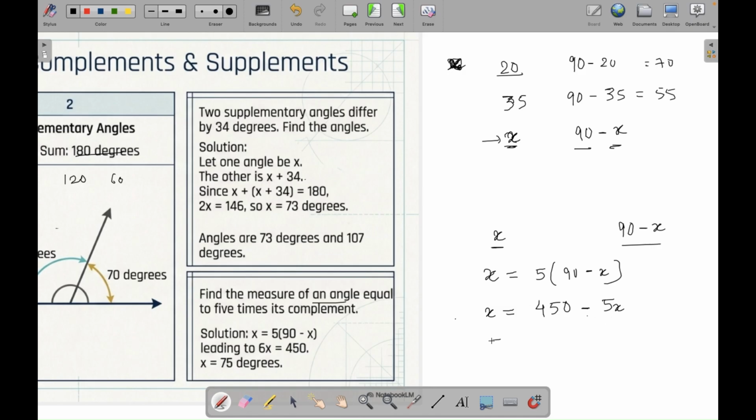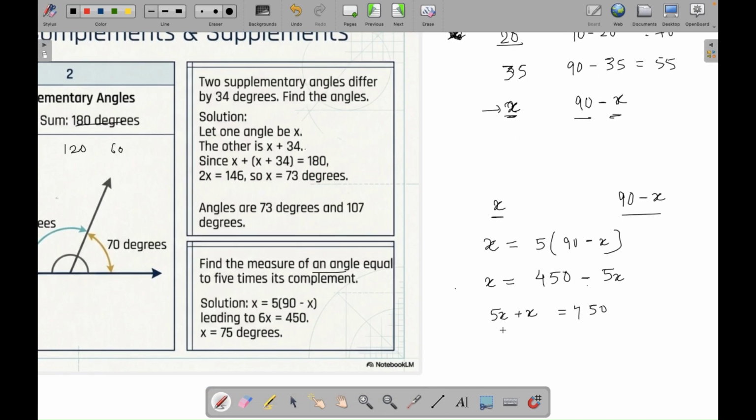So it will become 5x plus x equals 450. If you add these two, you'll get 6x. 6x is 450. So the value of x will be 450 upon 6. Okay, is this clear?